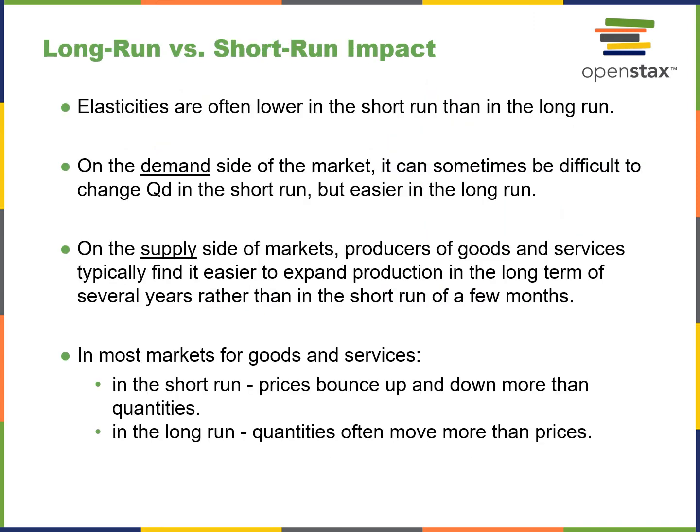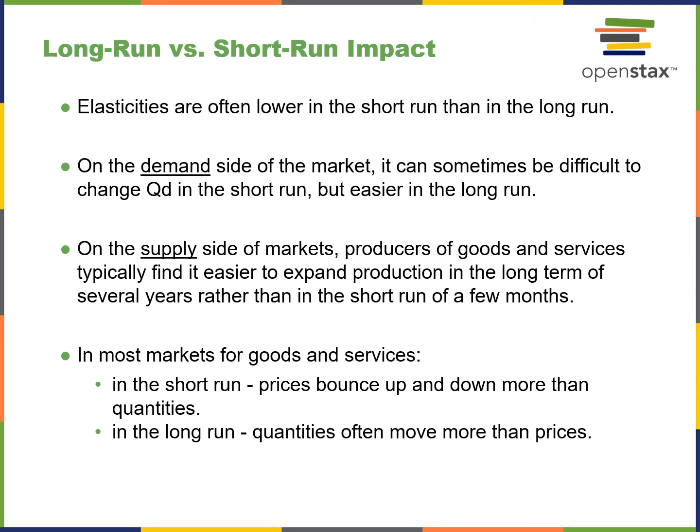There are both long run and short run impacts of elasticities. Elasticities are often lower in the short run than in the long run, and that has something to do with the stickiness of nature. Basically, it takes a bit of time for markets to react to a change in supply or demand. So we could say there's a stickiness of price or of quantity being produced.